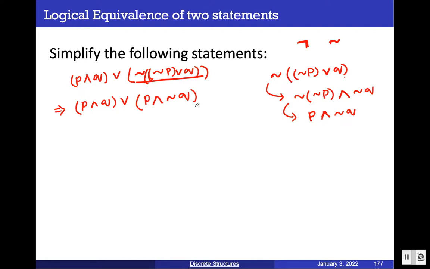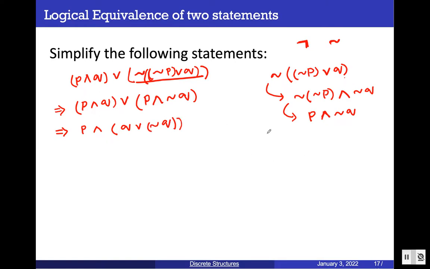So applying De Morgan's law, we find this format. From that, what you can see is P and Q or P and not Q, so this is the same as writing P and (Q or not Q).